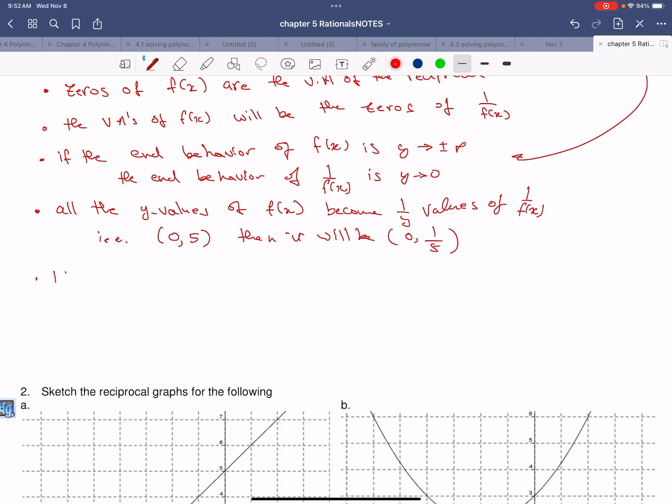If f of x is increasing on the interval, then 1 over f of x is decreasing.